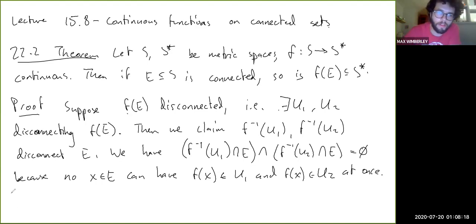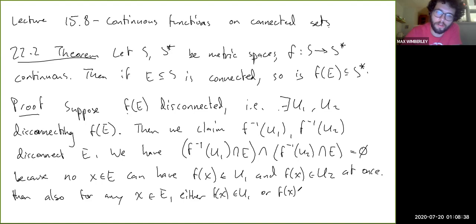And then also, for any X in E, either F of X is in U1 or F of X is in U2, right?